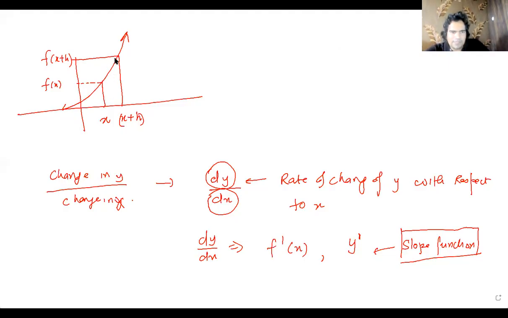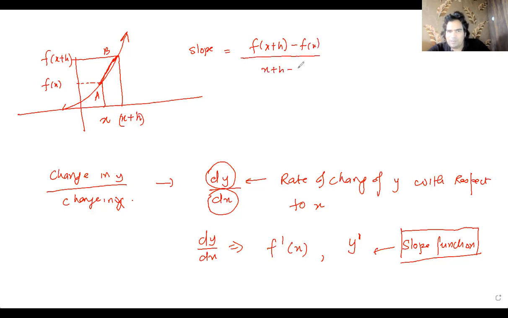Now if I find the slope of this chord, this line segment, let's say this is A and this is B, the slope will be f of x plus h minus f of x over h.